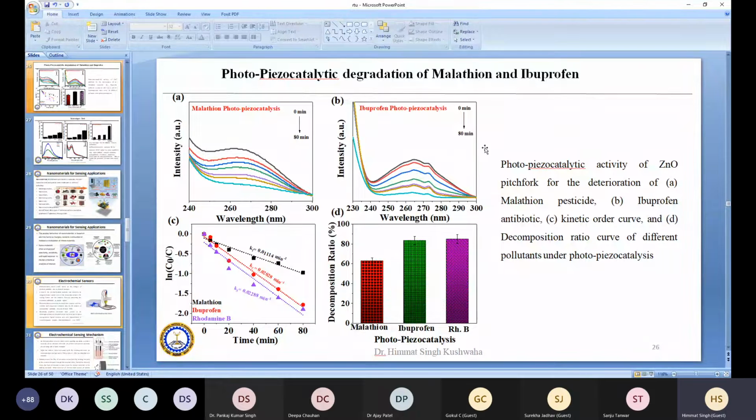These come through the wastewater discharge from the pharmaceutical industries or the pesticide industries also. So significant degradation can be achieved for these pollutants also by this photopiezo process.